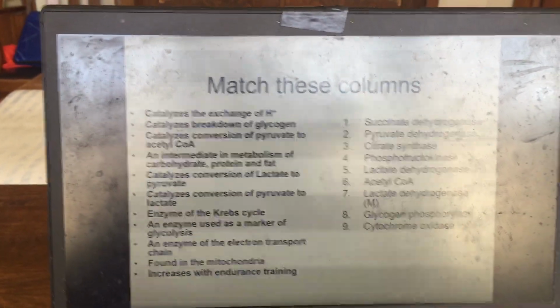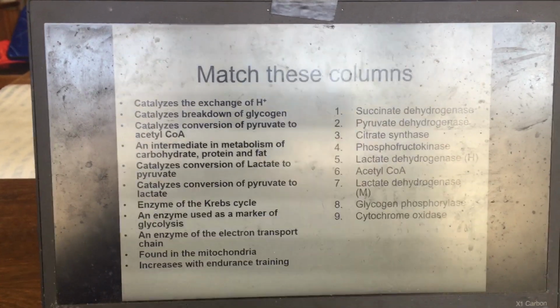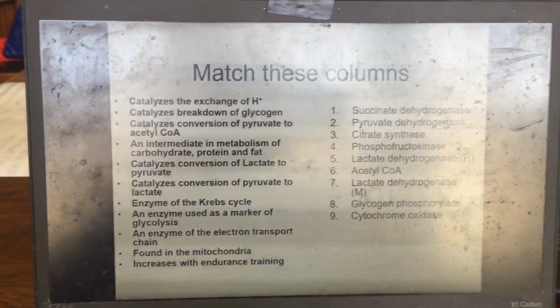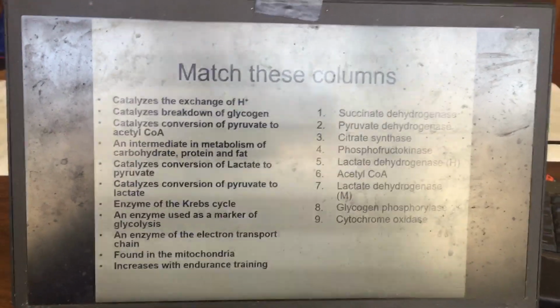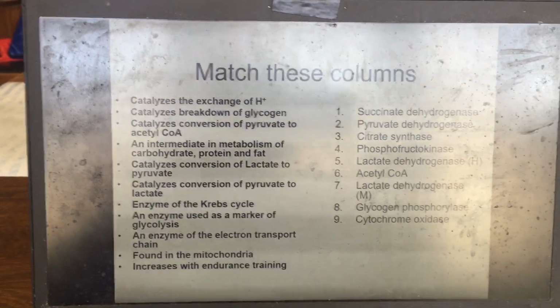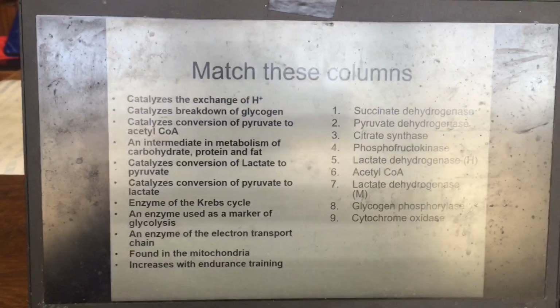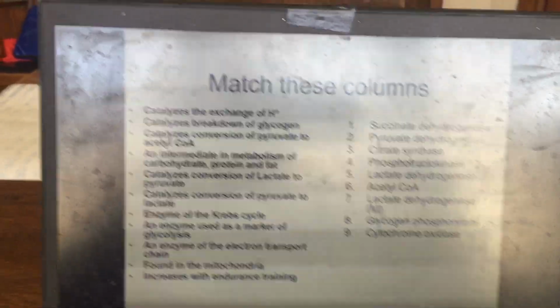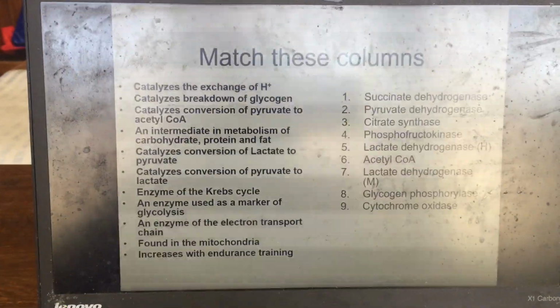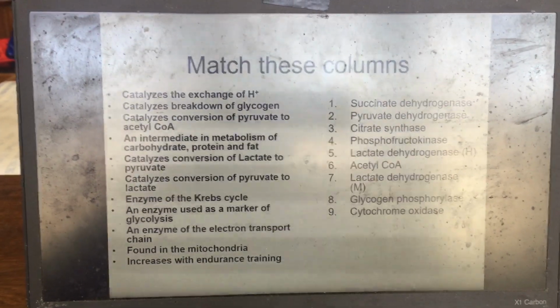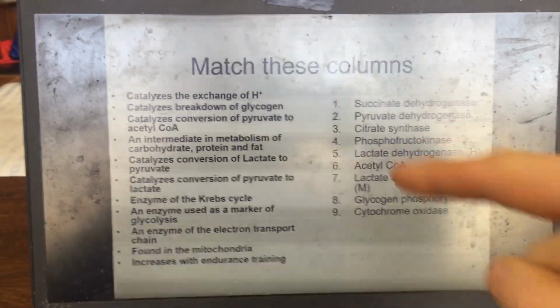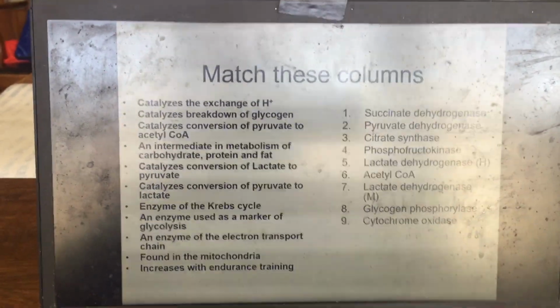Now this exercise is a bit of a review, and there's also a little bit of new material here. So it's matching these two columns, and this is a fairly difficult exercise that I'll walk you through. And keep in mind that on an exam, I have a lot of enzymes listed on the right hand side here.